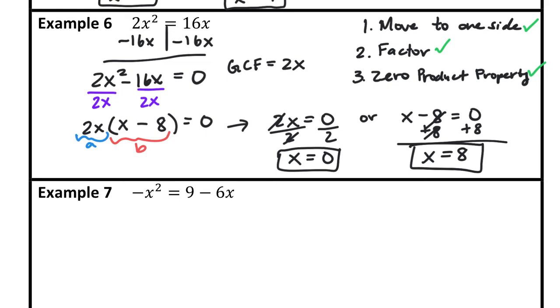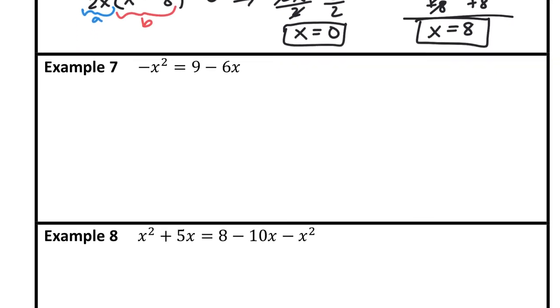Example 7. Move everything to one side. So let's move everything to one side first. In this case, if you remember, I think it was example 2, I have 2 terms on the right, 1 term on the left.